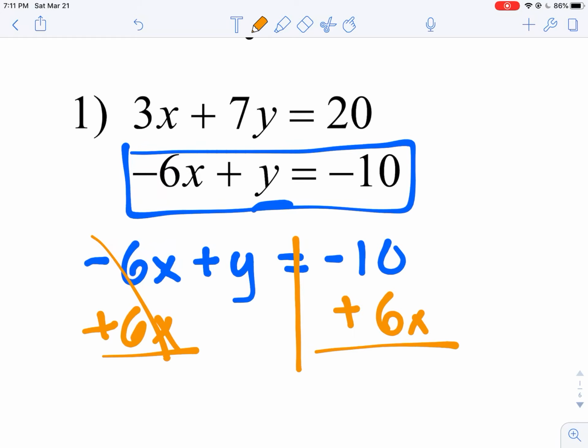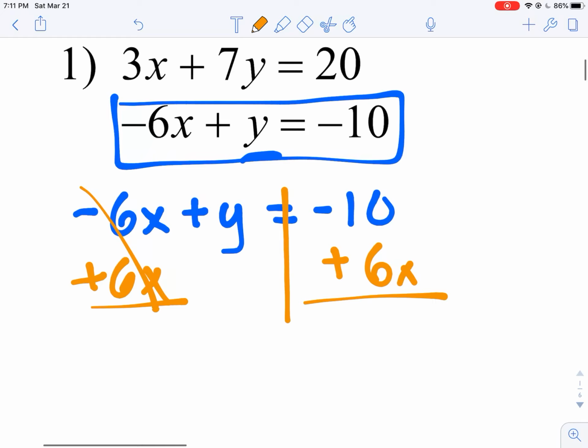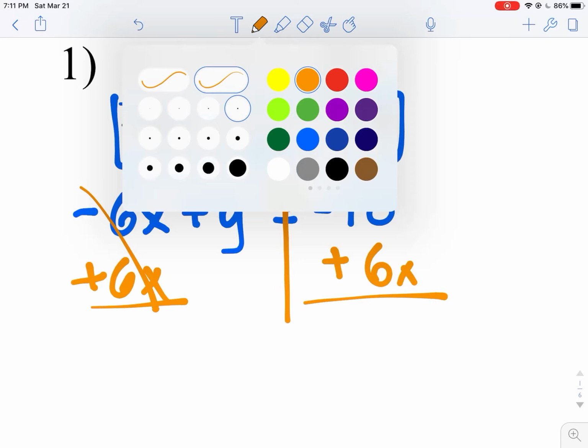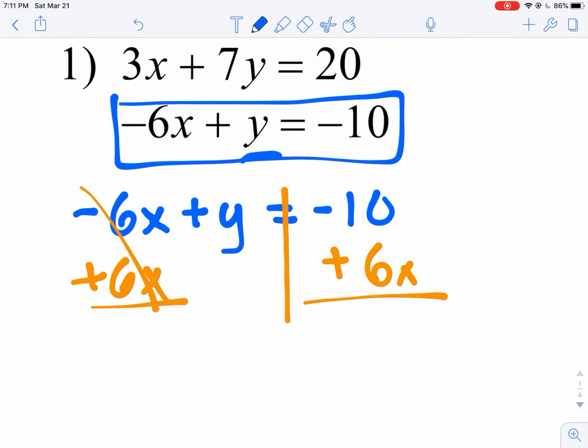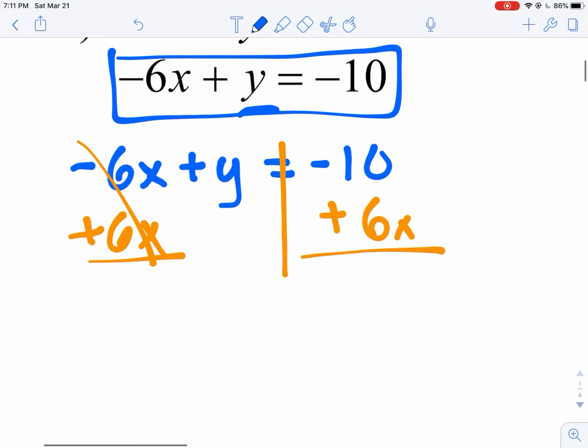And I have plus 6x on this other side. Can I add together -10 and positive 6x? No, you cannot. I cannot add those together because they are not like terms. So I can't take -10 and 6x and add them together. So I'm just going to end up writing it out.